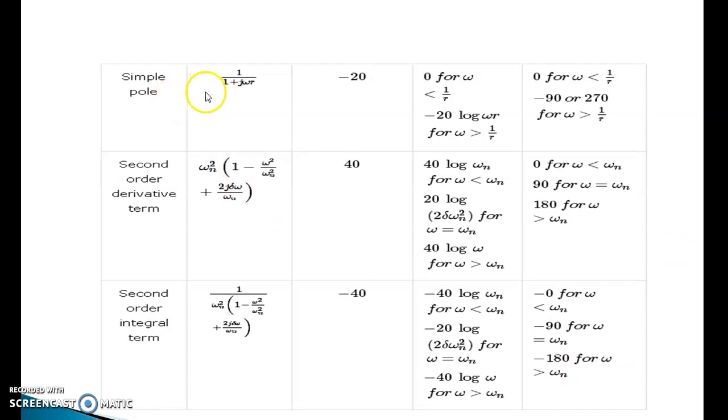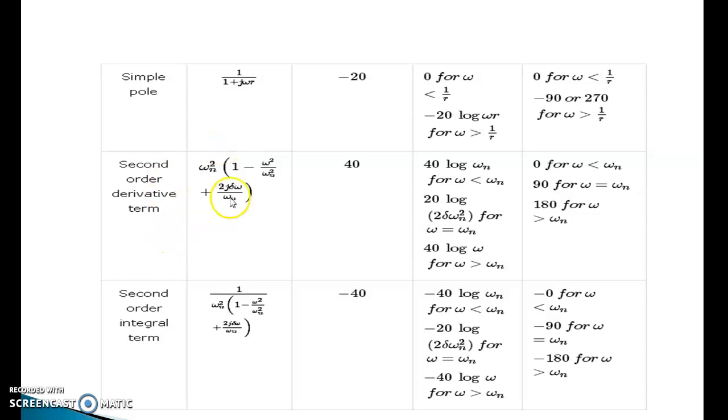Simple pole, 1 by (1 plus j omega r): slope is minus 20, magnitude is 0 for omega less than 1 by r, and minus 20 log omega r for omega greater than 1 by r. Phase is 0 for omega less than 1 by r, and minus 90 or 270 for omega greater than 1 by r.